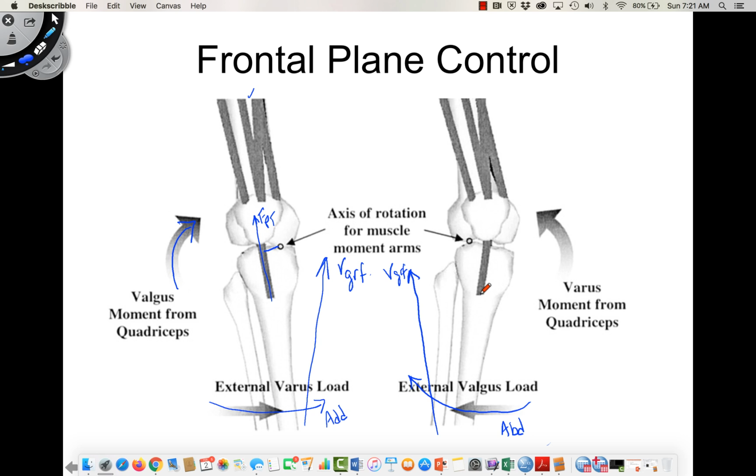So now the force of the patella tendon is medial to the axis point and has a moment arm here. And so then the patella tendon pull causes an internal adduction moment or varus moment.